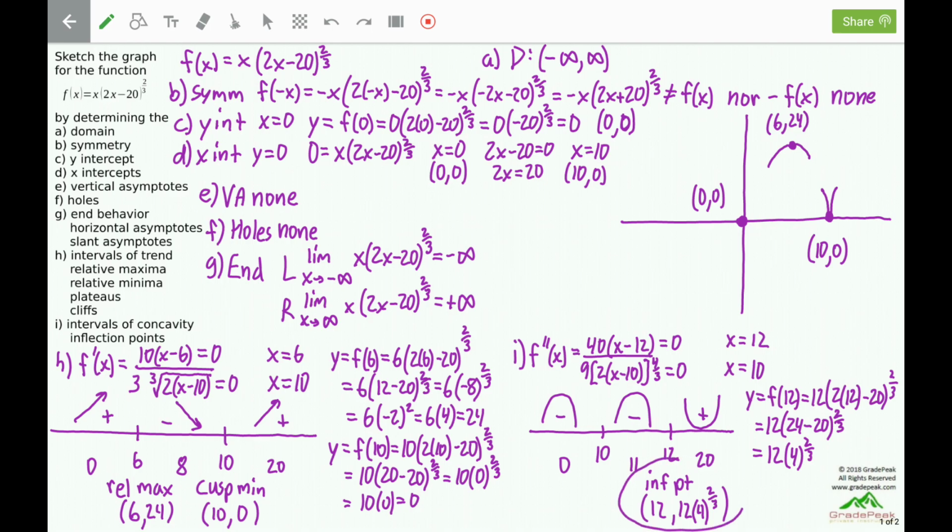And right at 12 comma 12 times 4 to the 2/3 power. Now 4 to the 2/3 power is going to be bigger than 4 to the 1/2 power. 2/3 is bigger than 1/2. 4 to the 1/2, which is the square root of 4, is a 2, and 12 times 2 is a 24. It's going to be higher than 24. So it's going to have a higher y-coordinate than 24, which just means it's going to be higher than this point here that we found to be a relative maximum. So it'll be a little bit higher there. Something like here.